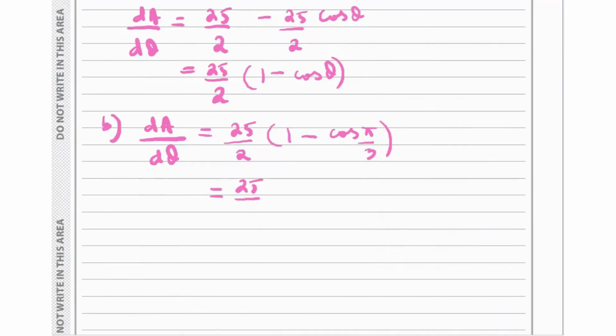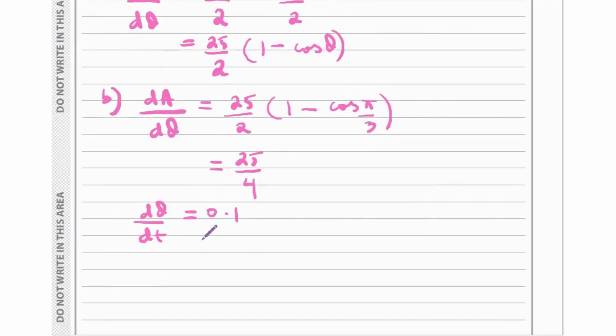That's 25 over 4. We have the value of d theta by dt, which is 0.1.